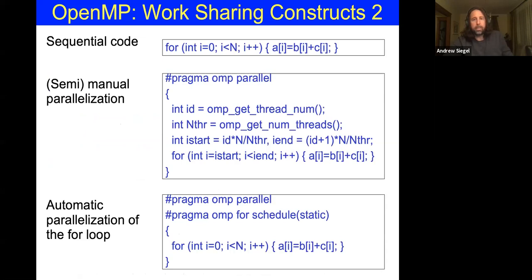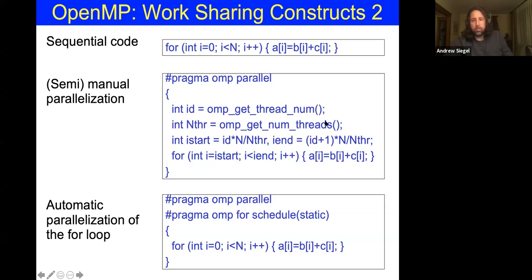Okay, well, what if we wanted to really do it the way you would imagine? Let's imagine we want to add two vectors. Let's say a vector B, a vector C, and you want to add element by element to get vector A. So the sequential code looks like this. Okay, you could in OpenMP do, I want to enter a parallel region. You could say, give me my thread number.